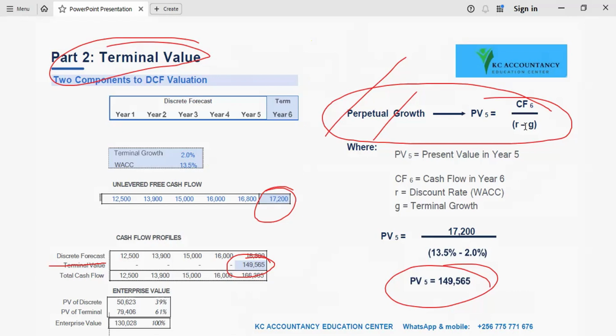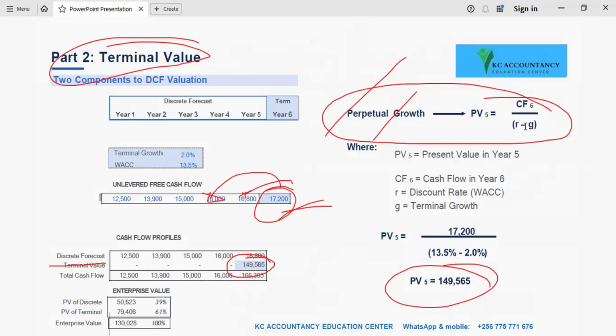In other words, we can't discount this cash flow twice. It is only a single year of discounting. As we discount from year 6, we put it back to year 5.